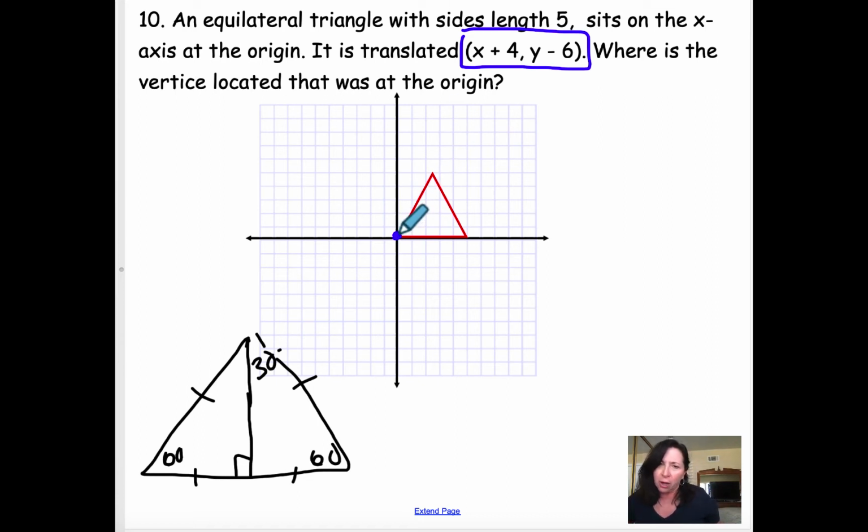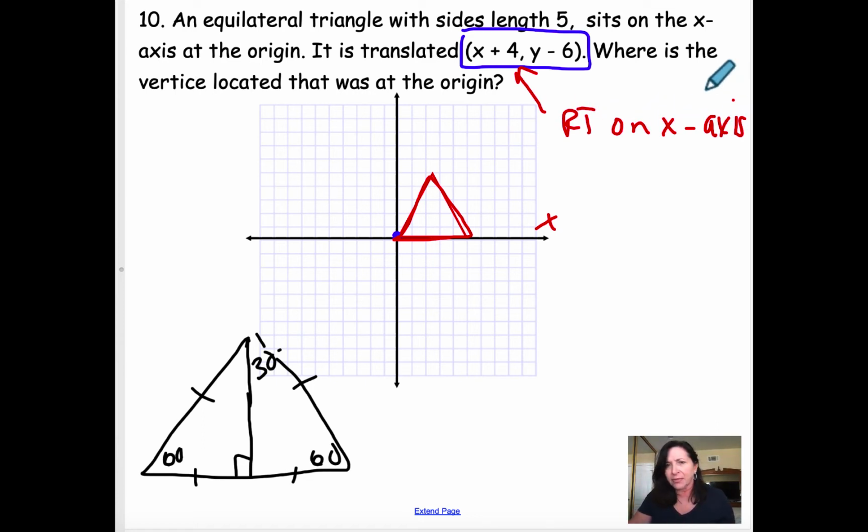I'm going to draw this like this and move it how they want to go. They want to go plus 4 to the right. So if it's x, this is x, right? If they want to go plus 4, we're going to the right on the x-axis. This one right here says minus 6.